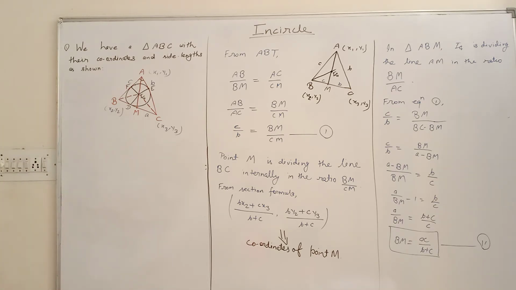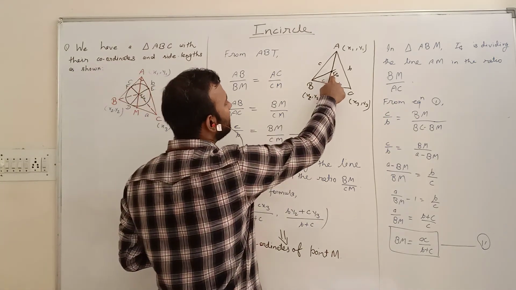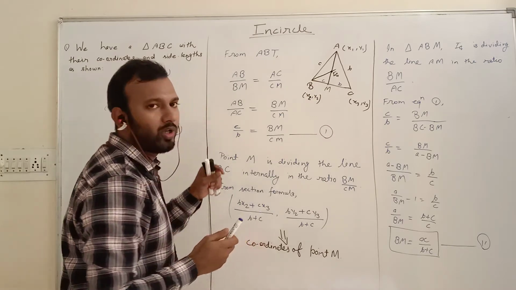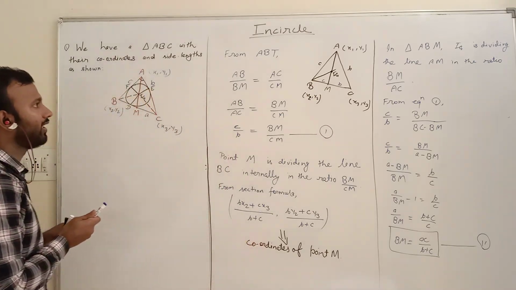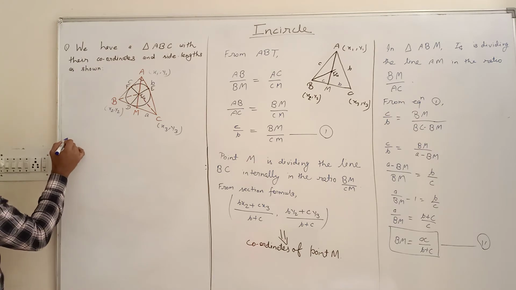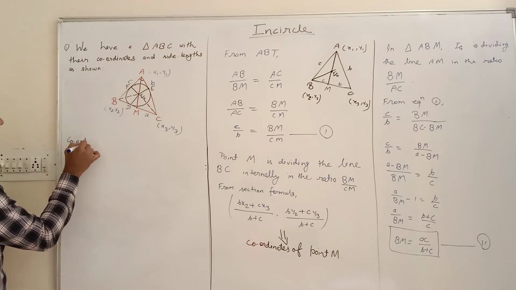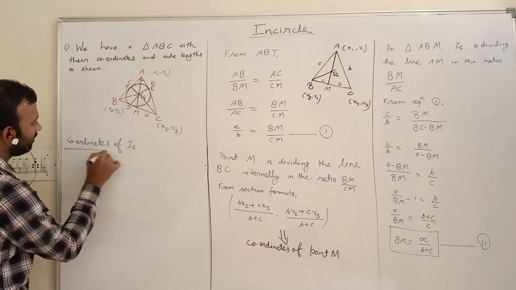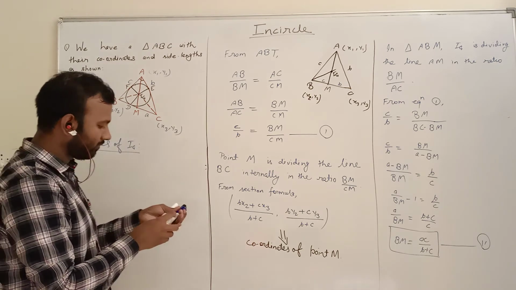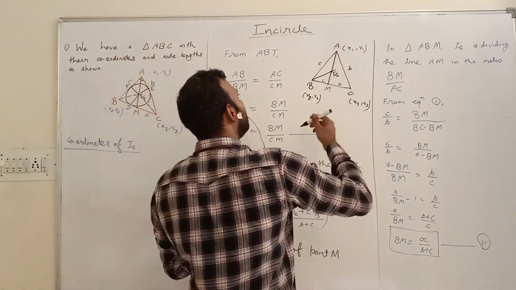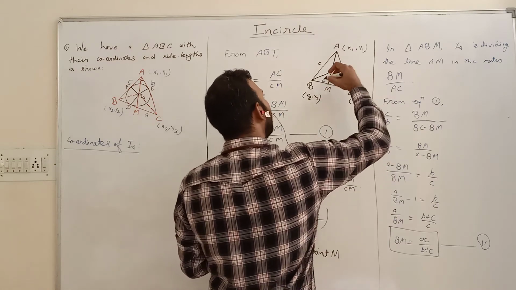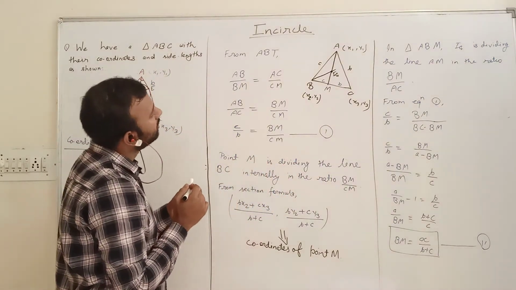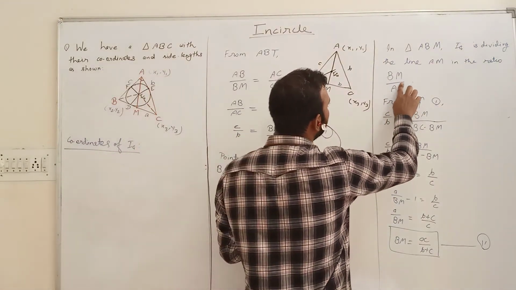Now, as IC is dividing the line AM in the ratio BM upon AB, what can we write for the coordinates of IC? This is what we have to find. So BM upon AB, sorry, it is BM upon AB.